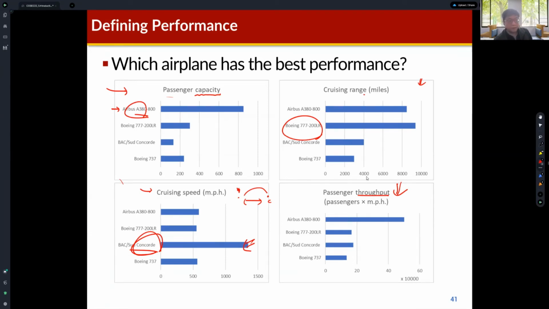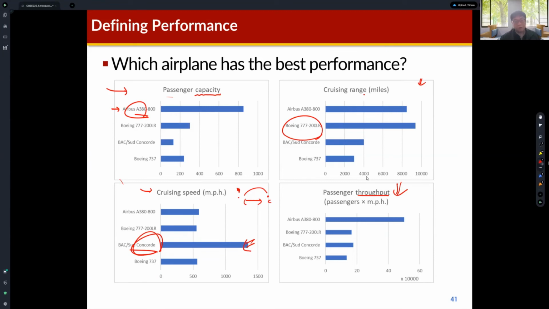It means we can choose different performance metrics based on the purpose of our system, our machine, right? If we focus on capacity, select the Airbus; if we focus on speed, like elapsed time, select the Concorde.